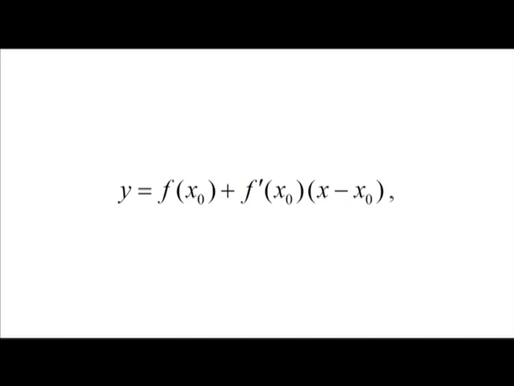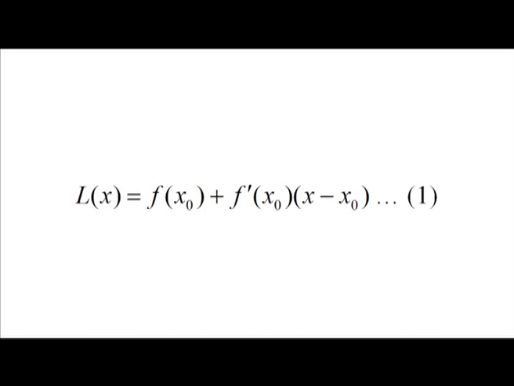As observed in the case of the parabola above, the line that best approximates the graph of f in the vicinity of the point P with coordinates (x₀, f(x₀)) is the tangent line to the graph of f at x₀, given by the equation y = f(x₀) + f'(x₀)(x − x₀), provided f'(x₀) exists.